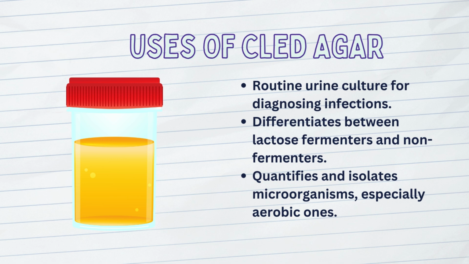And also, CLED Agar is used to quantify and isolate microorganisms. A lot of times in urine analysis, when a plate is being read, quantification does occur, unlike with other types of culture where you're just looking at the morphology, like how does it grow? Is it a coliform? What is it?